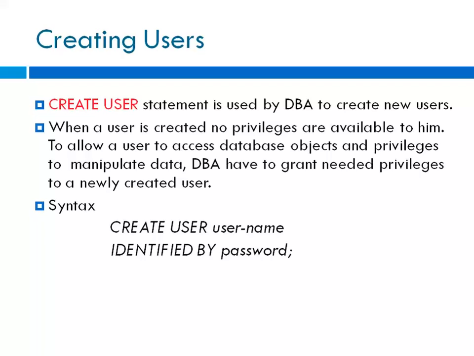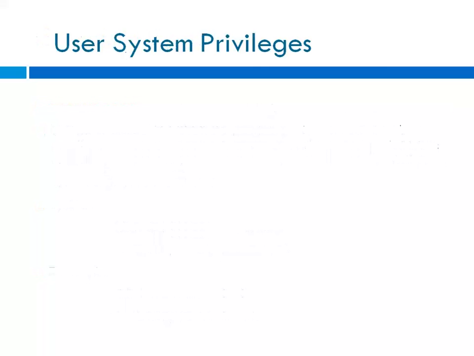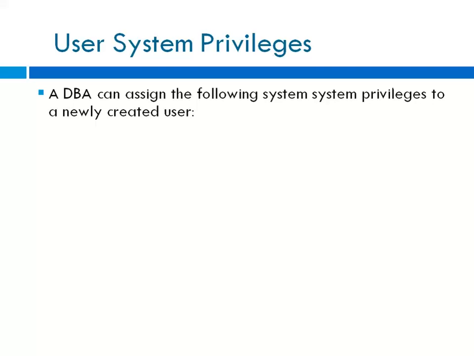So username is the name of the user and password is the password that he will use to log on to the database. For example, create user Bob identified by Kumbaya. So if there is a user named Bob, then he has to give the username as Bob and the password will be Kumbaya.